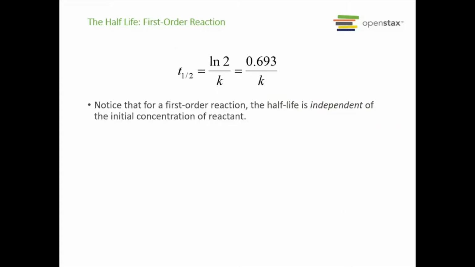But first, an example. Also, one thing to notice for a first order reaction, there's no concentration in this equation. It is independent of the initial concentration of reactant. It does not matter how much reactant we have, our half-life doesn't care.